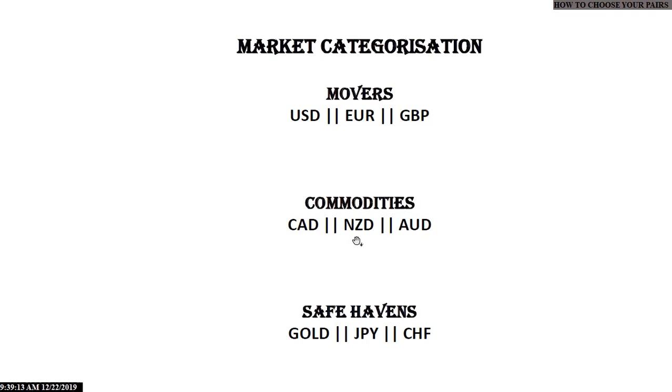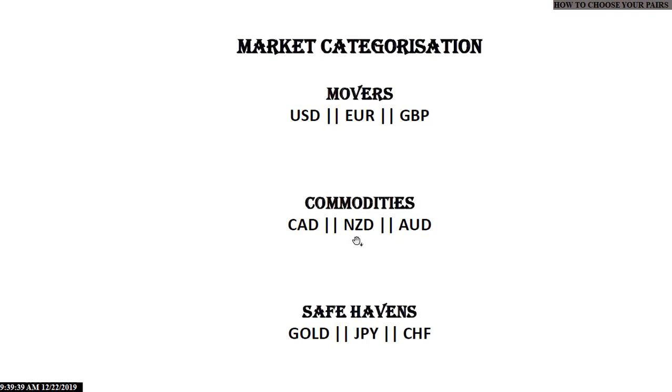That is why they are categorized as the movers. So under movers you have the dollar, you have euro, and you have pound. These guys, I believe, investors would rather invest in them since they are from more stable economies or countries. So movers: dollar, euro, pound.